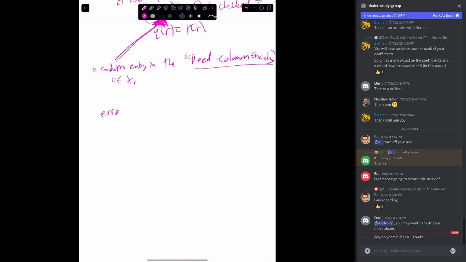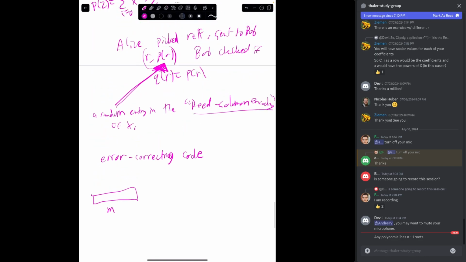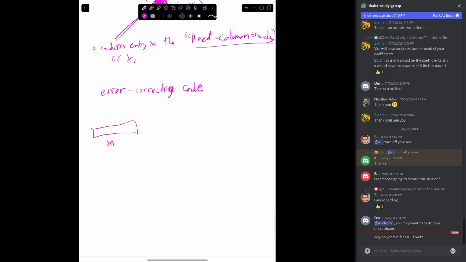A Reed-Solomon encoding is a specific error correcting code. Error correcting codes come up over and over again in SNARK design. The idea of an error correcting code is you have some message X. Actually, in coding theory, people call this M for message, but in the fingerprinting example, I called it X.